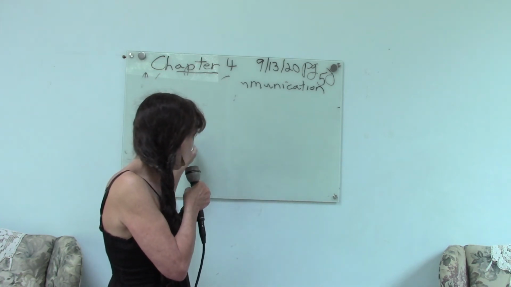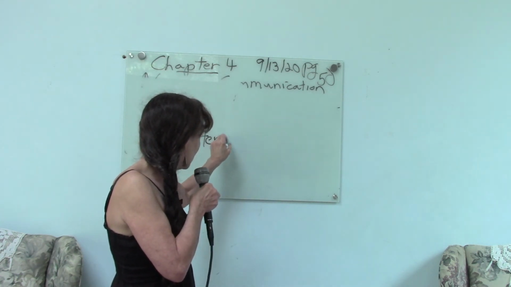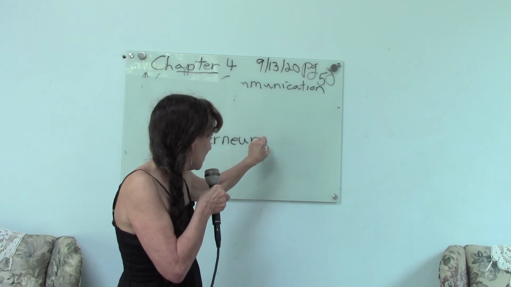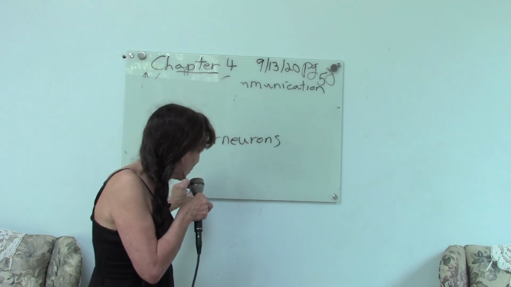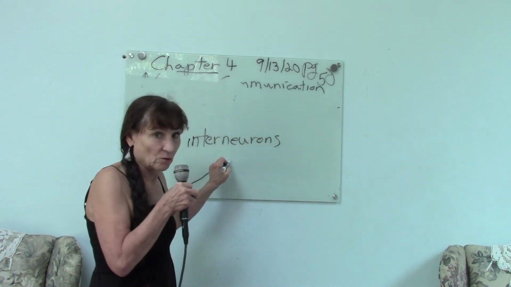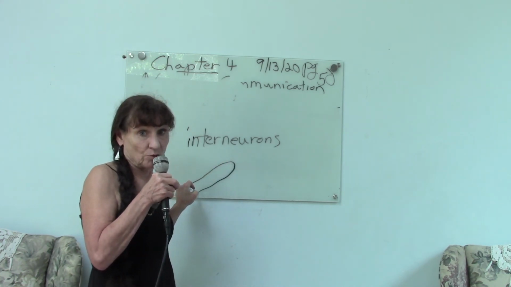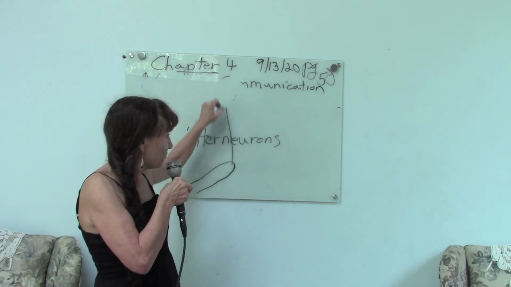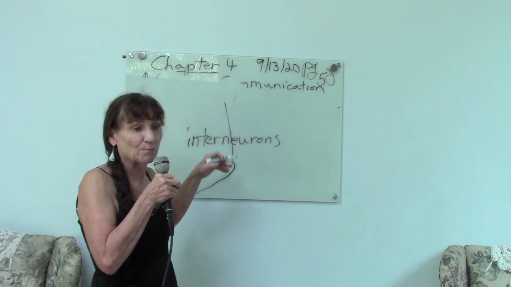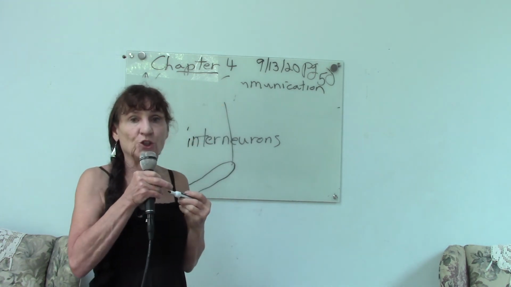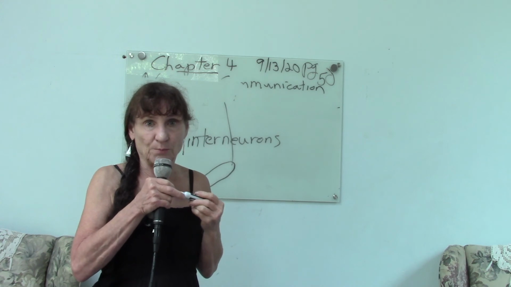So interneurons go through the spinal cord, and the spinal cord talks to motor neurons. That doesn't mean that your brain doesn't get the message. It does, but this is an event where you want to get that response quickly.